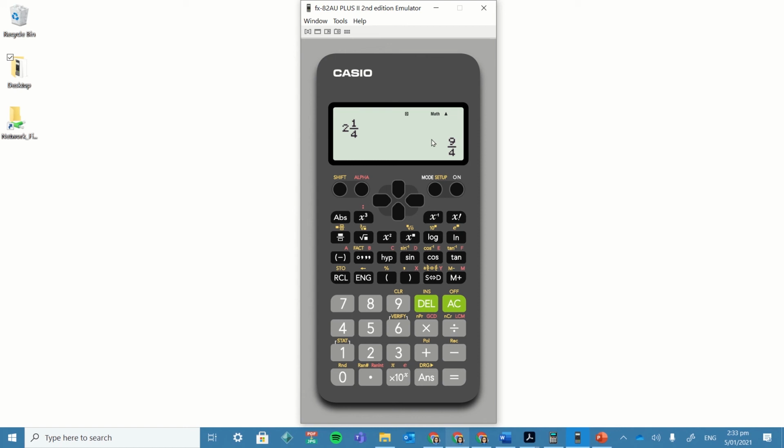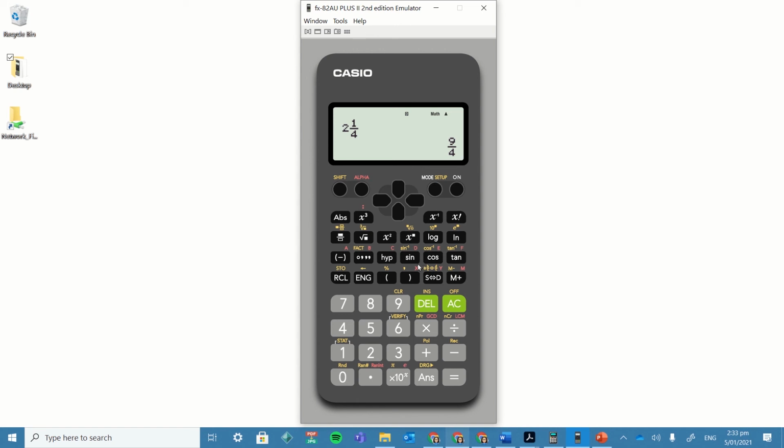Now when I've pressed equals, it's automatically turned that into 9 over 4. So these two fractions are equivalent. One's written as a mixed fraction, which is this one here, and the other's written as an improper fraction, which is this one here.